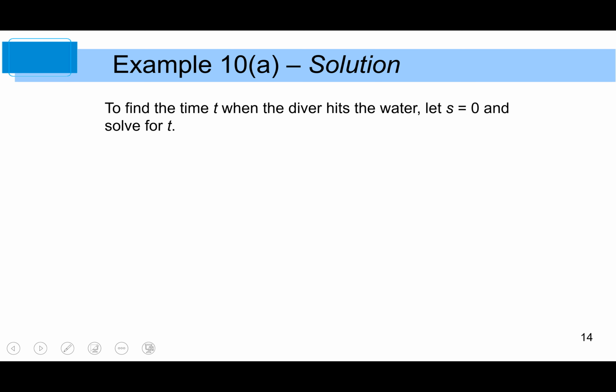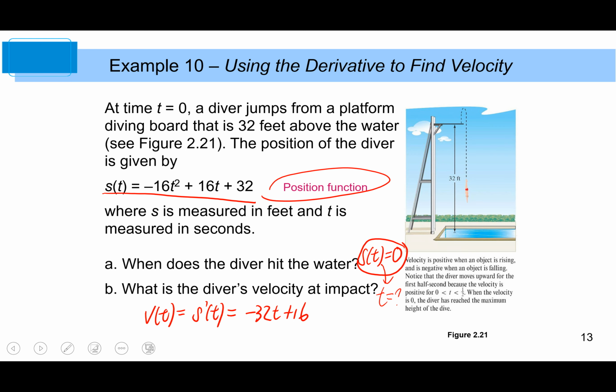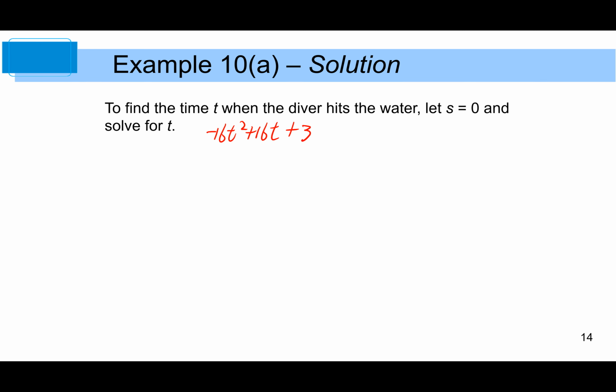So to find the time t when the diver hits the water, let s of t equal 0 and solve for t. We have -16t squared plus 16t plus 32, set equal to 0. Here you can factor out -16: t squared minus t minus 2 equals 0.